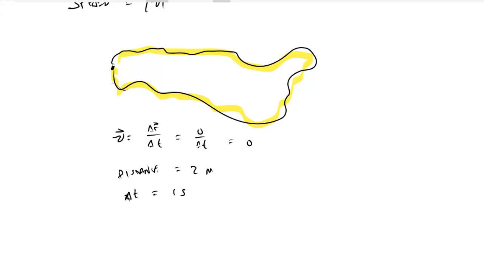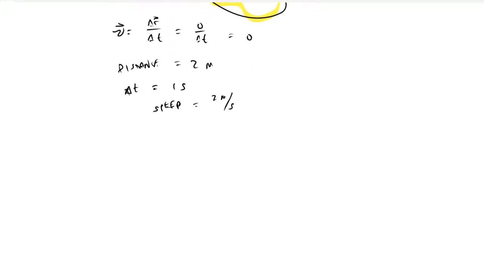Then our speed would be equal to 2 meters per second. On average, we would be traveling 2 meters per second. But our velocity would have been 0 because our displacement was 0.